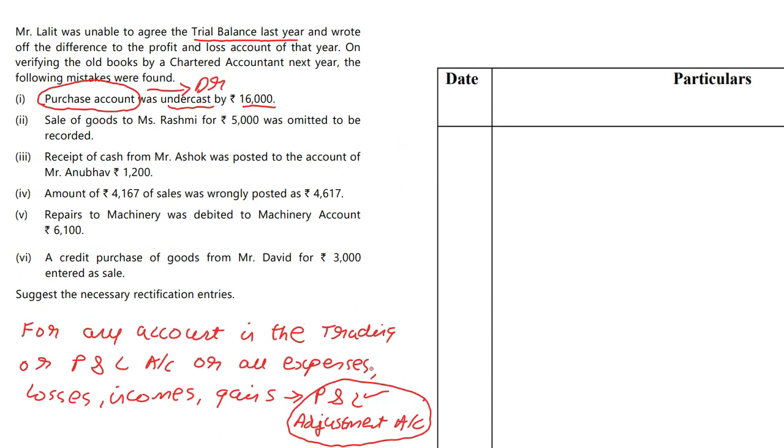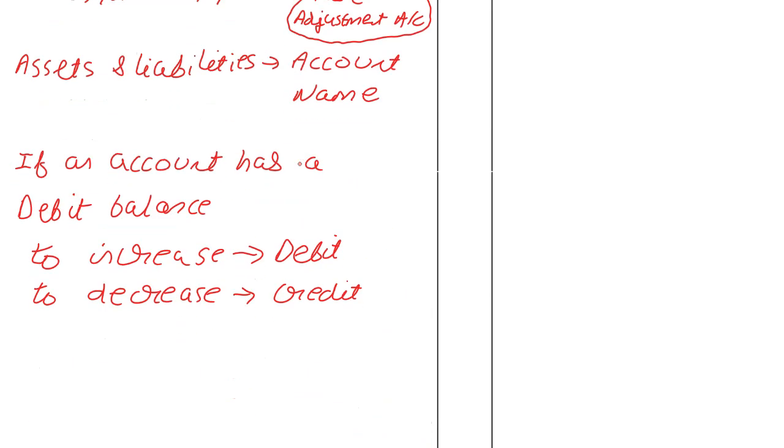All right, now going back up. By default, the purchase account has a debit balance. It is undercast, means it is less. We need to increase it. All right, so if something has a debit balance, to increase, we debit it further.